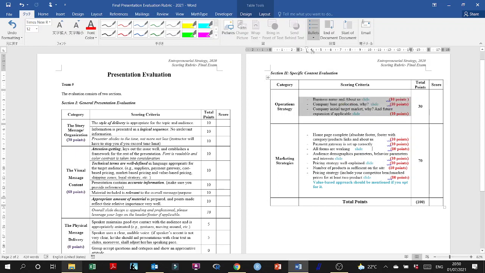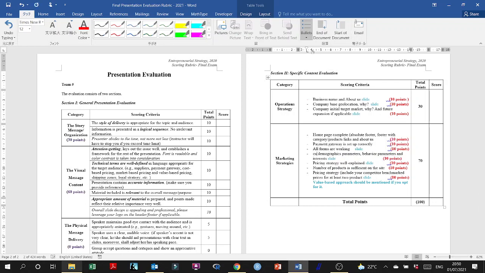So I'm telling you here, this is a must. I would like to see a slide on the audience assumptions. Not audience demographics, I would like to see the customer demographics. What do you think of the customers?